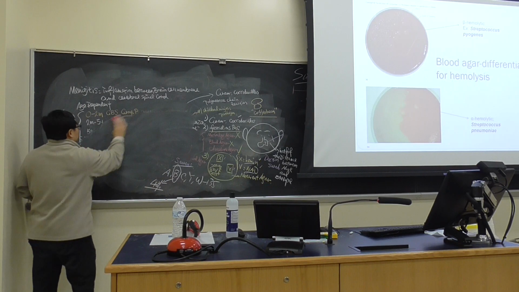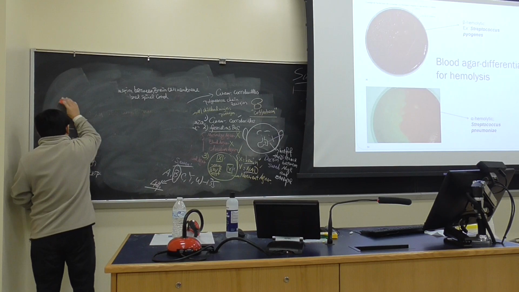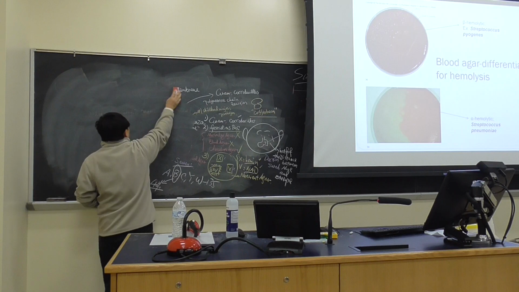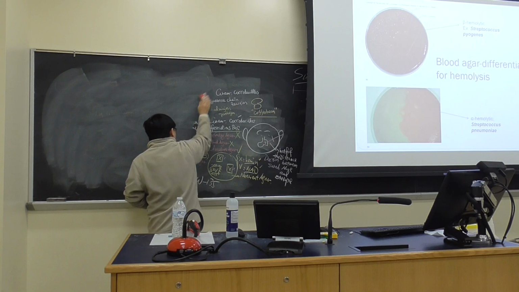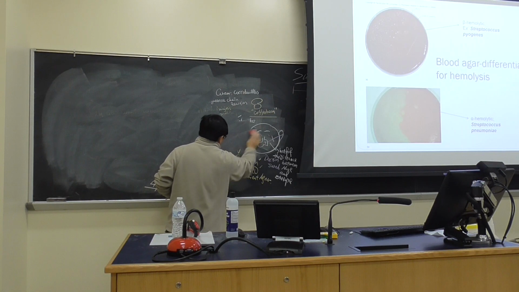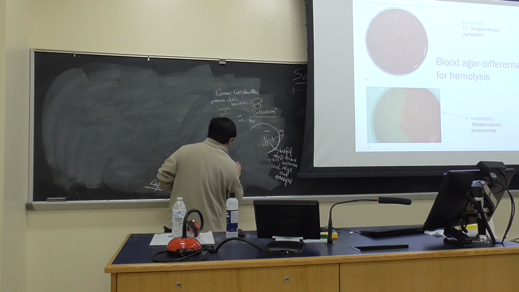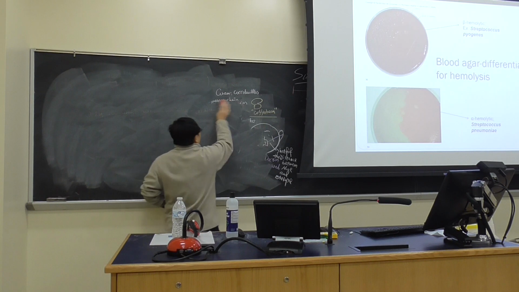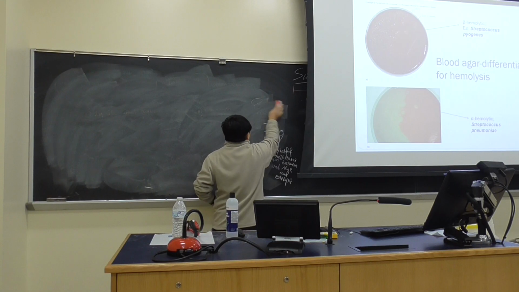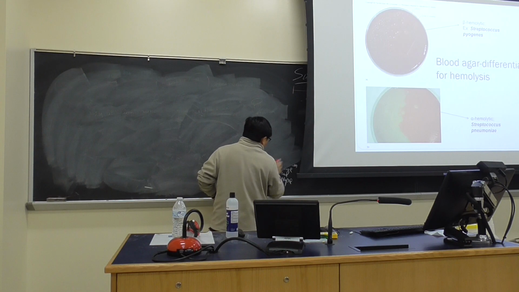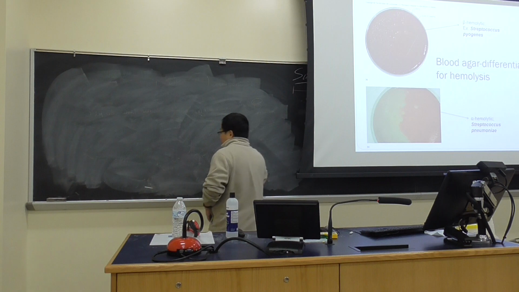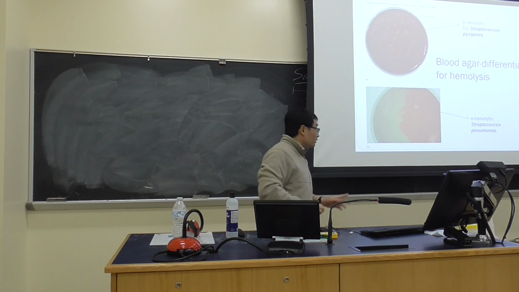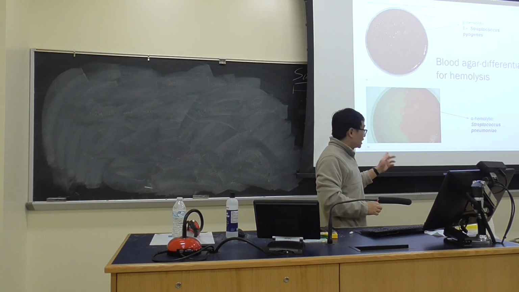And blood agar is an enrichment media, and in addition to being an enrichment media, it's a differentiated media. Why? Based on the heme content and the lysis of the blood cells, we can differentiate alpha, beta, and gamma hemolytic.